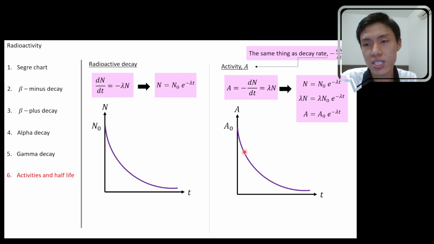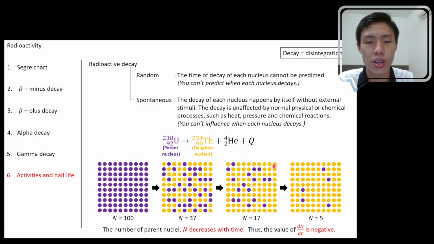You can check back to the diagram that we have initially for this section. Initially the number of parent nuclei is 100, and let's say each frame represents 1 second passing. From the first second to the second second, the number of parent nuclei has decreased by 63, so now you're left with 37 parent nuclei.